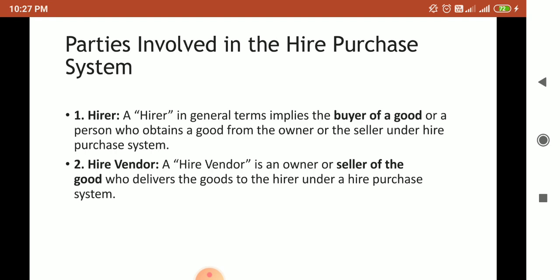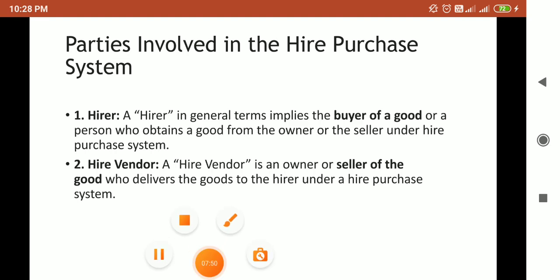The hire vendor is also known as the seller of the goods, the owner or seller who delivers the goods to the hirer under a hire purchase system. So these are the two parties involved in the hire purchase system.